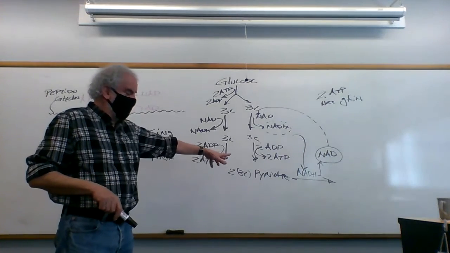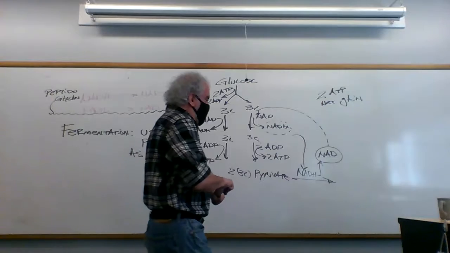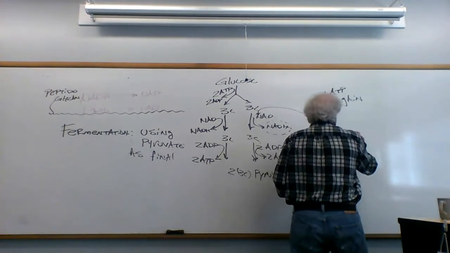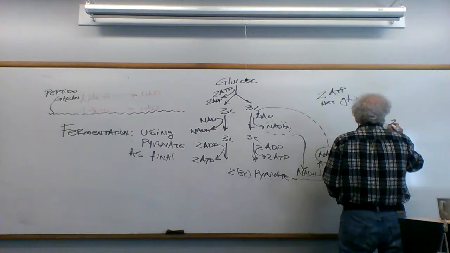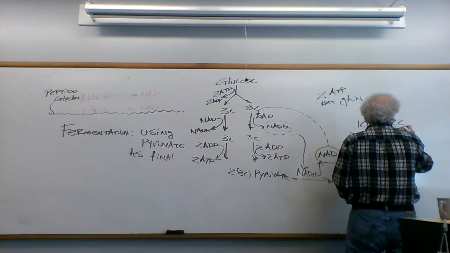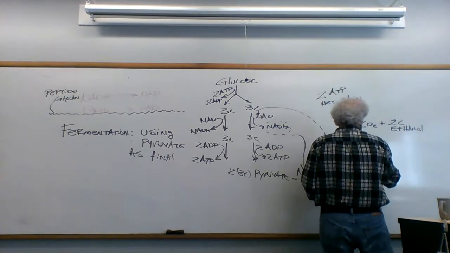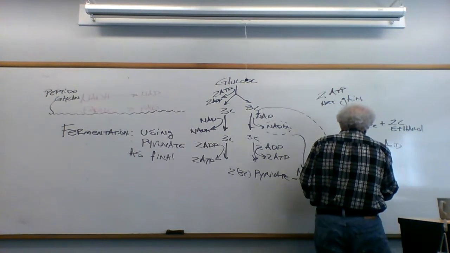You've got 3 carbons, and so there's a variety of different things you can make. Depending on what kind of organism you are, you can make 1 CO2 and the 2 carbon ethanol. You could make a 3 carbon acid.